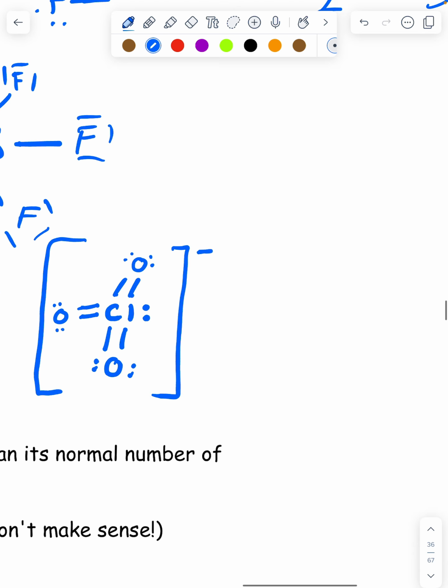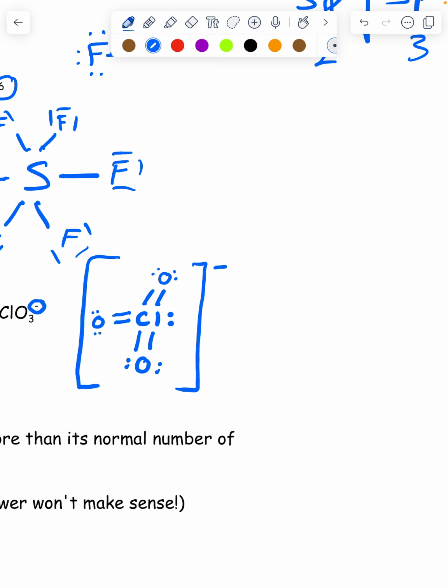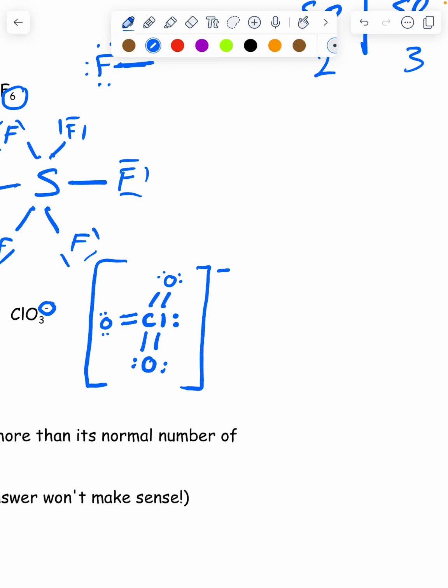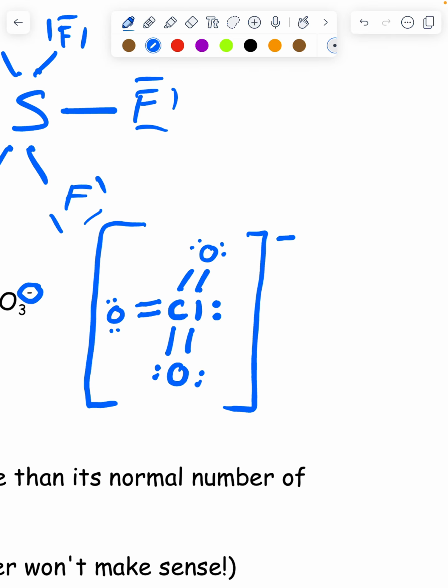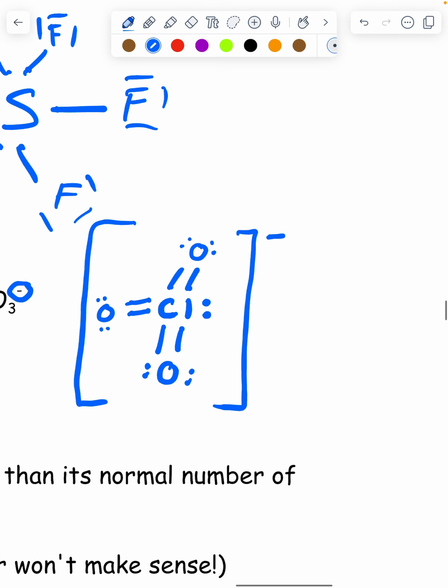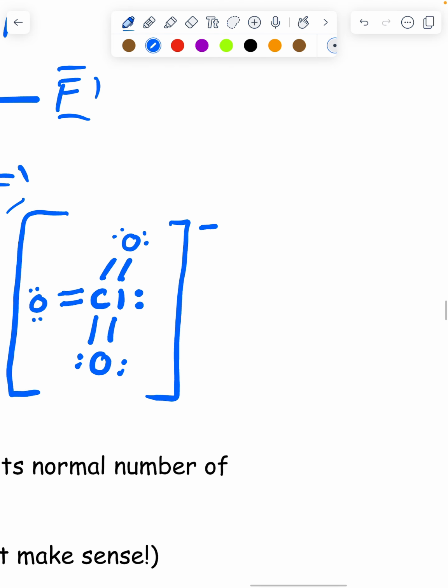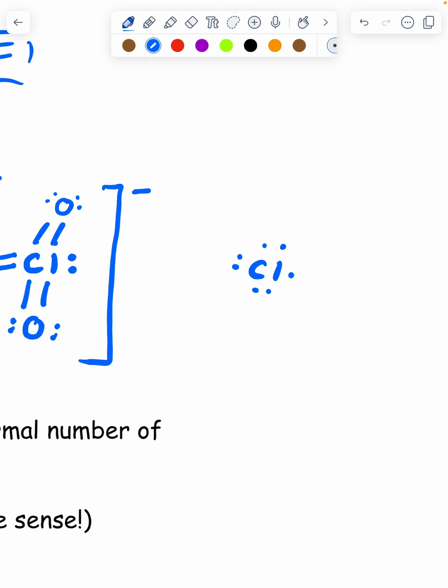Now, probably that might not be the best Lewis structure here, because as we'll find out soon enough with formal charge, I've put the extra electron on chlorine, when really it would make more sense for the extra electron to end up on oxygen, given that oxygen is more electronegative than chlorine. So another alternative would be, instead of all double bonds, to have at least one of the oxygens with a single bond.